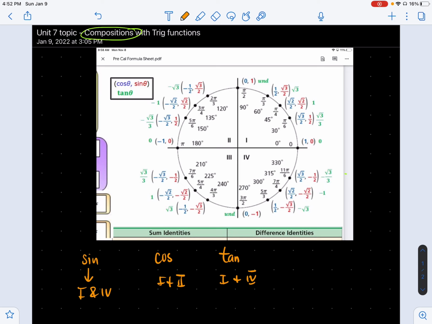Which means with sine and tangent, we are not allowed to get our answers from second or third quadrant. We just get them from the first or fourth. If this is the initial side of an angle, we can only go as far as pi over 2 or 90 degrees on this side, and we're only allowed to go negative 90 degrees or negative pi over 2 on the other side. Going counterclockwise are positive angles, going clockwise are negative angles.